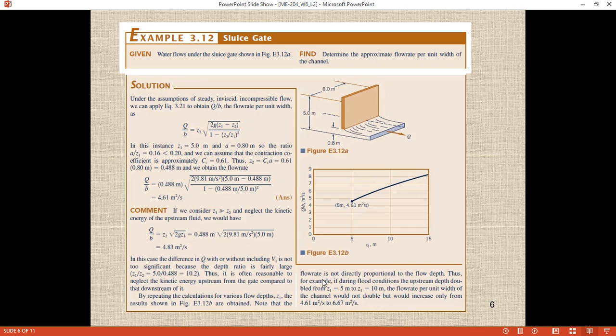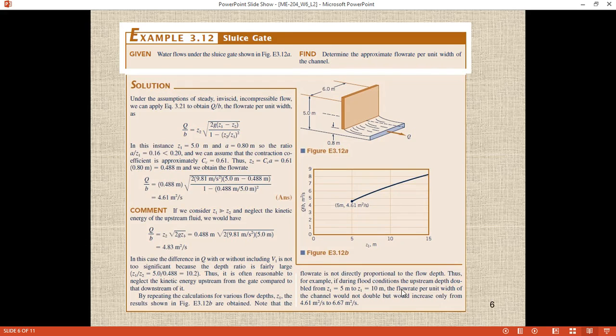Here you can see the flow rate is not directly proportional to the flow depth, because the graph is not a straight line. So for example, if during flood conditions the upstream depth doubles from Z1 of 5 meters to 10 meters, what will happen? Will the flow double?